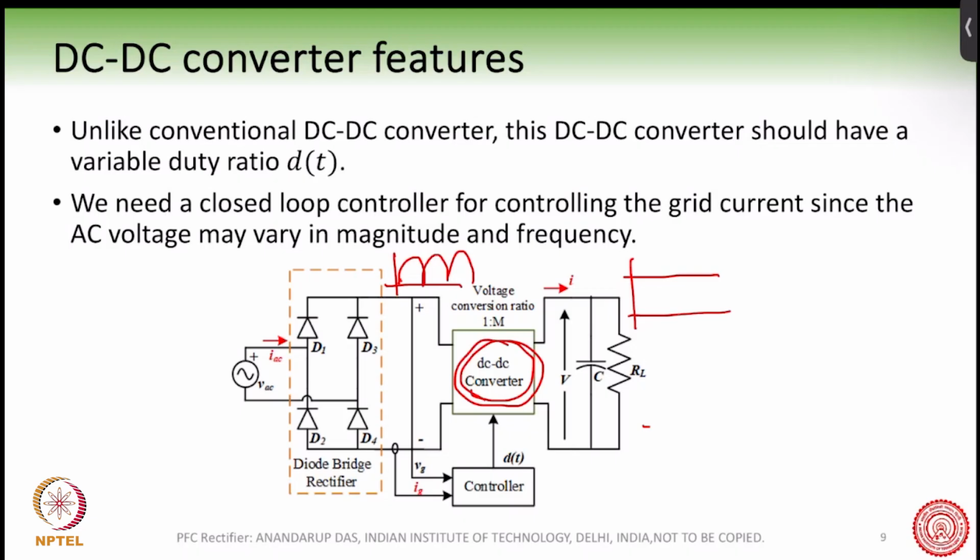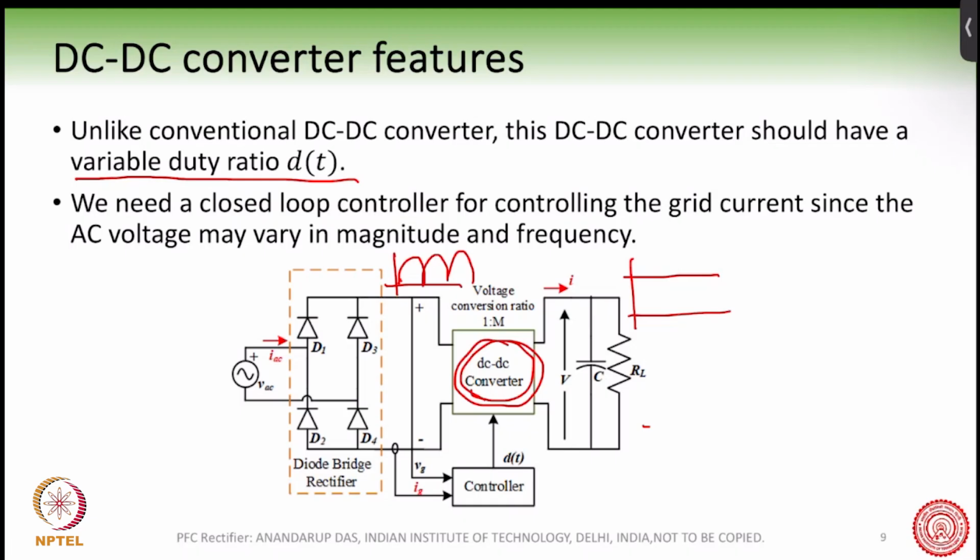So we are already asking this DC-DC converter to work in a situation with a variable duty ratio.